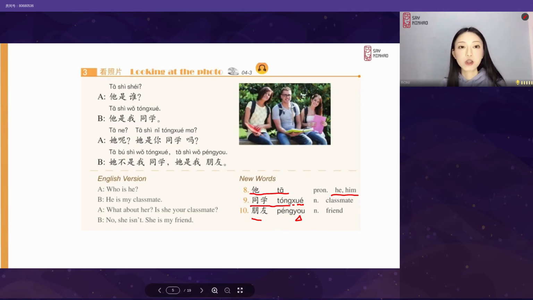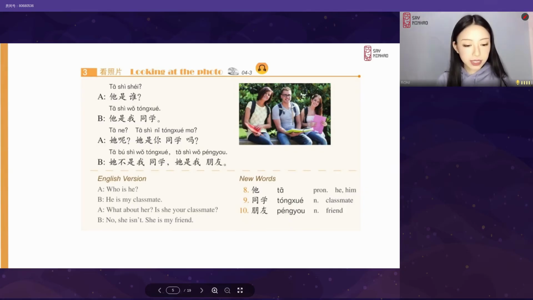It is 中国朋友. So American friend is 美国朋友. Very good. Now let's try to read it from the start, each word twice, okay? 3, 2, 1. 他，同学，朋友.